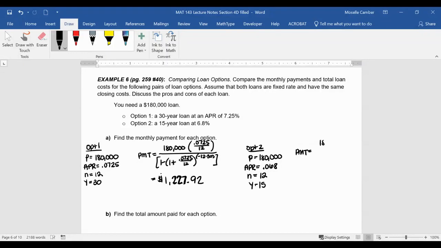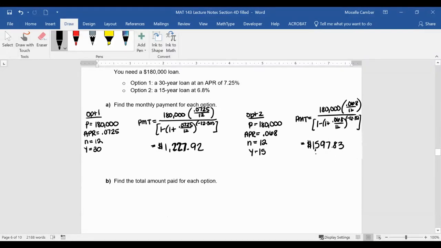So my payment here is 180,000 times my APR over N, all over 1 minus (1 plus my APR over N) raised to negative N times Y. Okay, so that payment would be $1,597.83. So of course, paying it off quicker, even with a lower interest rate, is going to have a higher monthly payment.